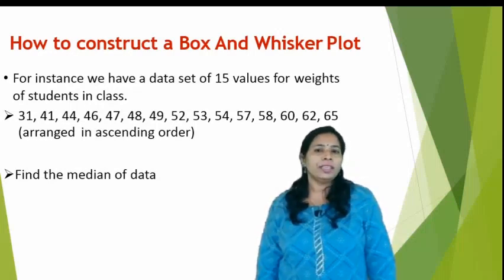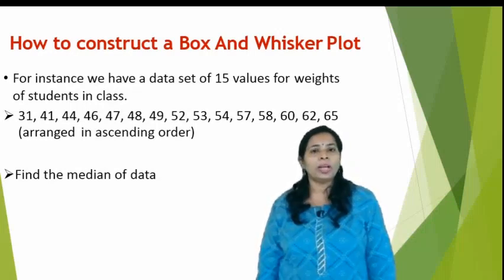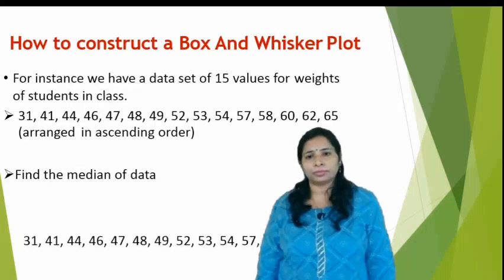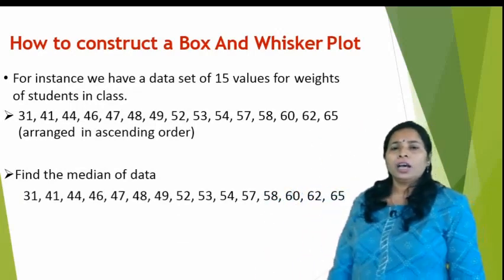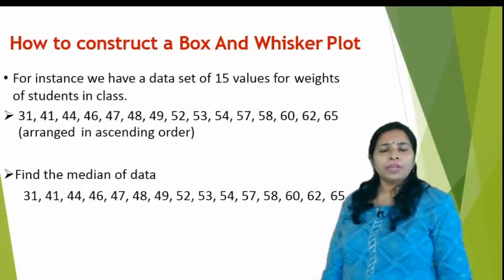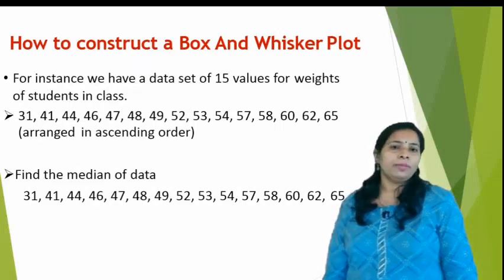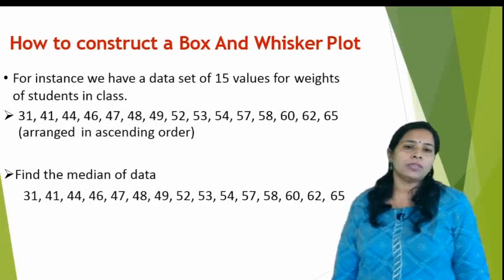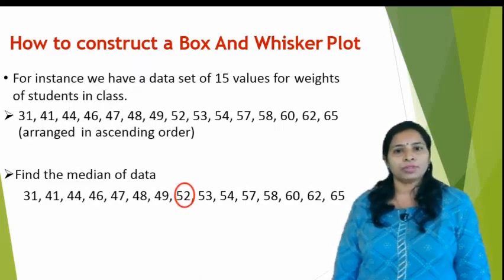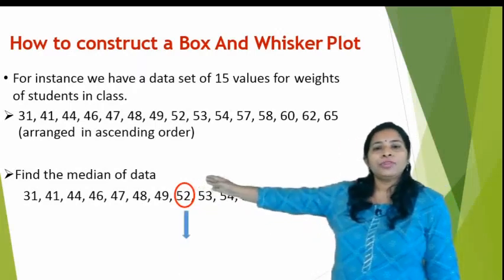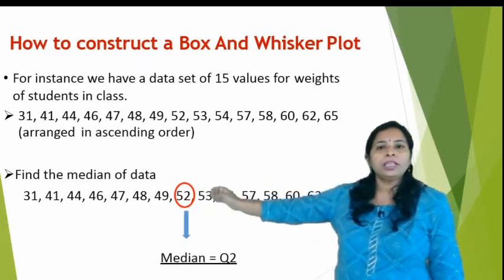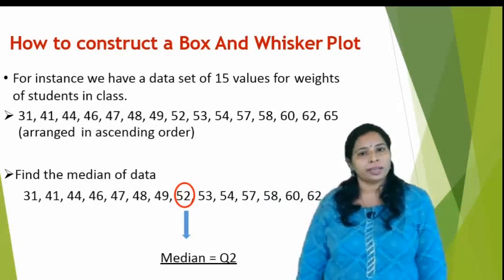If your data is even, then the formula is n by 2 th item. In this data set there are 15 values, so 15 plus 1 divided by 2 means the 8th item. Here the 8th item is 52, and this 52 is called the median or the second quartile.